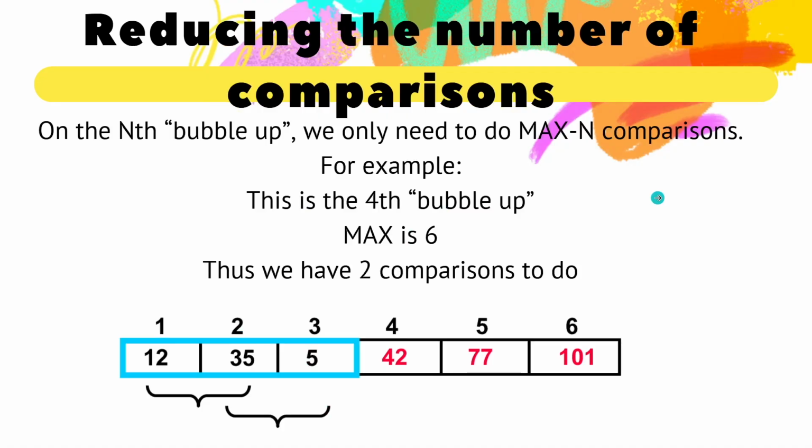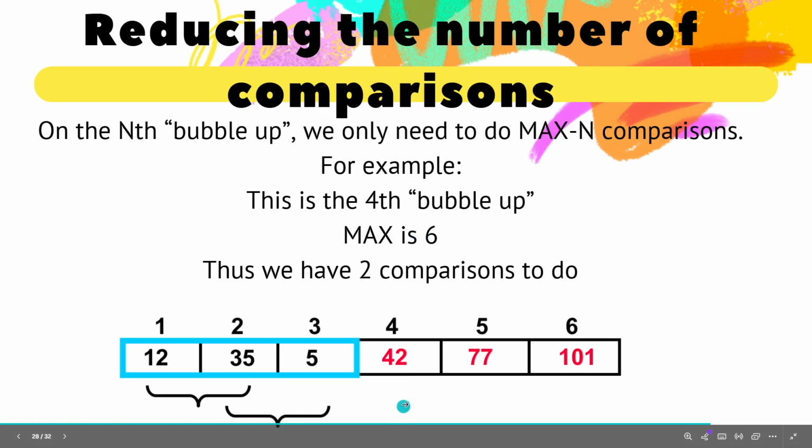So we can have a condition similar to this. Here what we see is that on the nth bubble up we may have to do max minus n comparisons. Our max is 6 just because we have 6 elements. At this time, so far we have put 3 elements in place, so we are going to do the fourth bubble up operation.